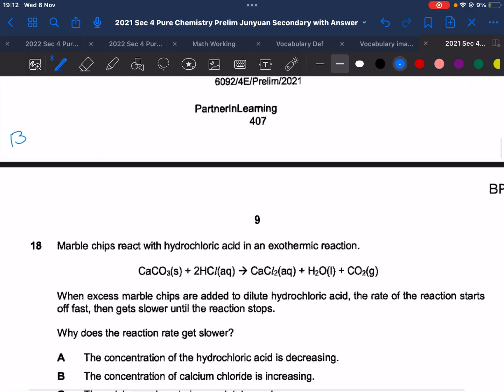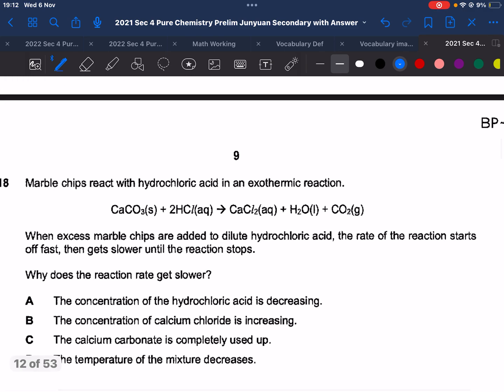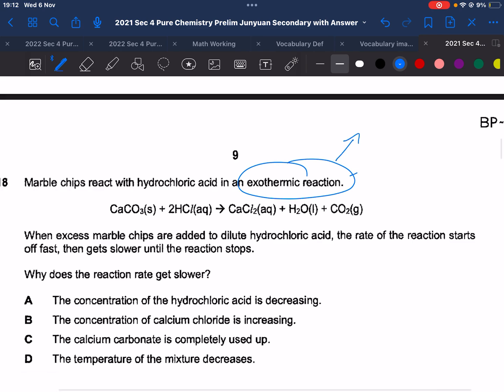Okay, marble chip reacts with hydrogen chloride in an exothermic reaction. Again, this tells you that the energy is moving out. Energy out, exhaling. When excess marble chips are added to hydrochloric acid, the reaction starts off fast, then gets slower.